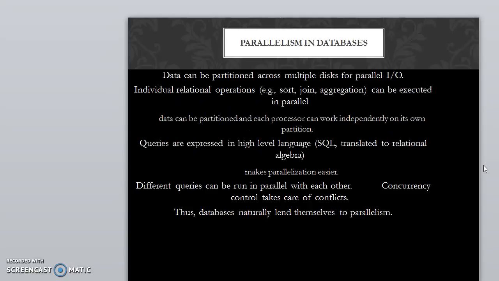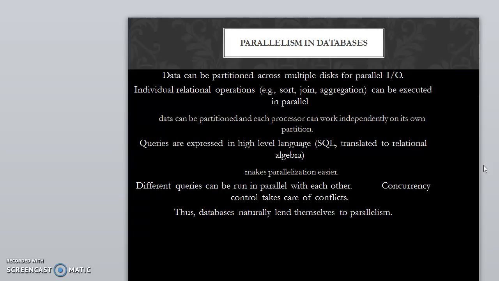Then, parallelism in databases. The data can be partitioned across multiple disks for input-output parallel processing. Relational operations such as sorting, join, and aggregations can be executed in parallel in the databases. The data can be partitioned, and each processor can work independently on its own partition.